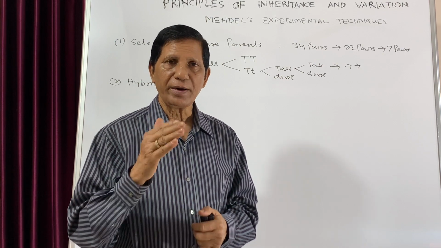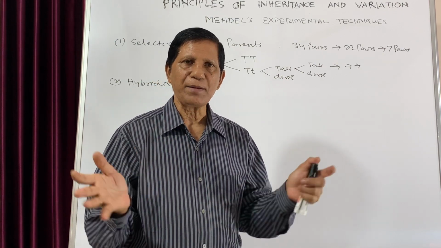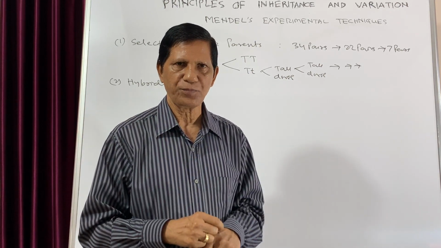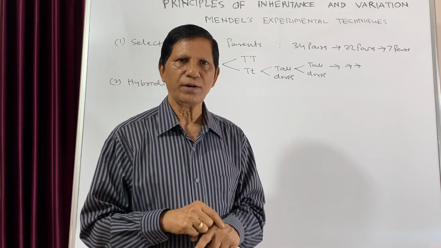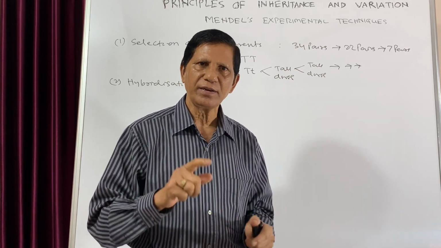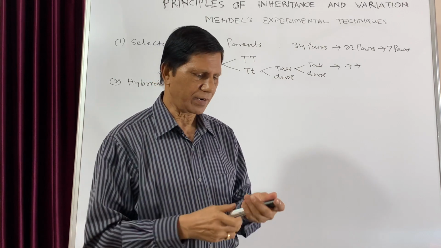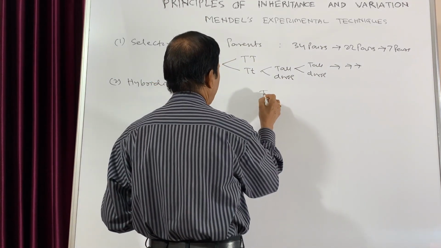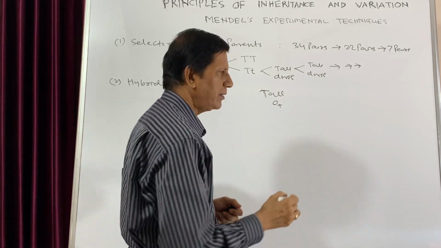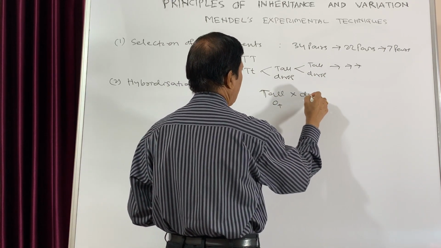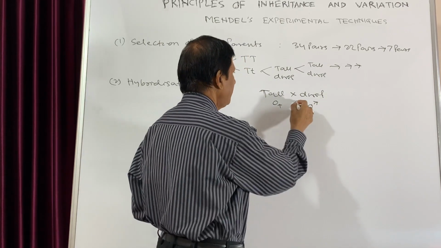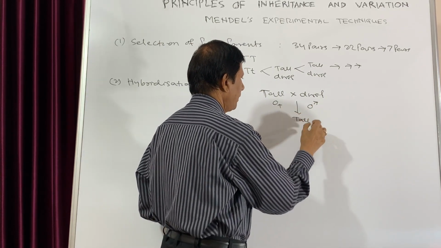But Mendel conducted hybridization between 2 different plants having 2 different contrasting characters. So in this case, what is to be done? One plant will be treated as the female plant, the other plant has to be taken as the male plant. Suppose the tall plant acts as the female plant, then the dwarf plant will act as the male plant. And suppose the result comes as a tall plant.